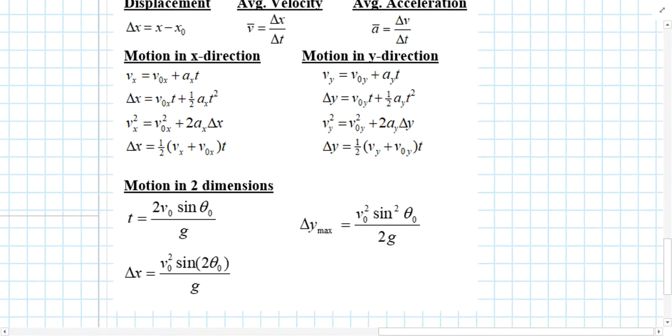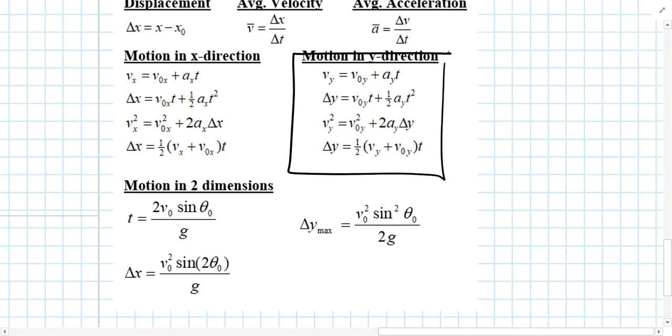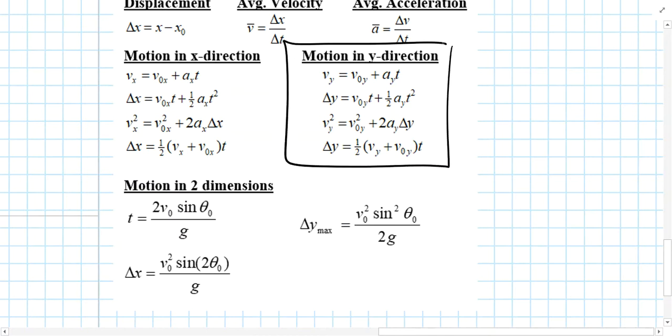When we're computing the time that it takes for this object to fall, since that's a vertical movement, we really only need to focus on this group of potential equations. The horizontal trajectory in this case has no effect on the amount of time that this object is in the air. We've got some examples that we can show to illustrate that, but just take my word for it for this math today. The motion in the y direction is all that we need to worry about.